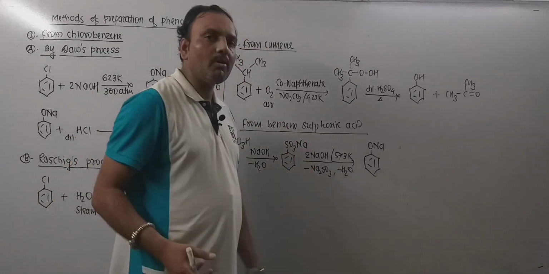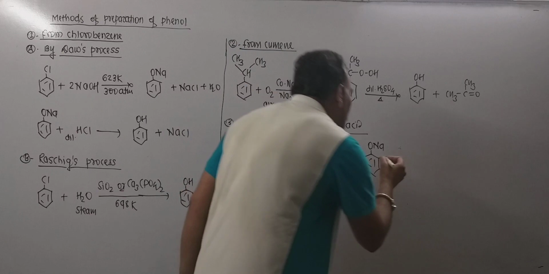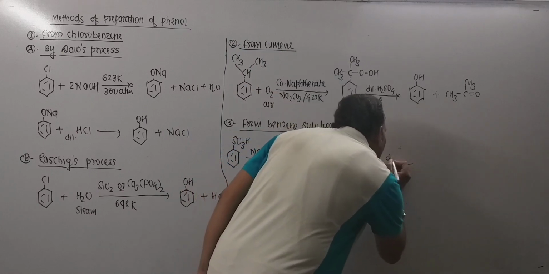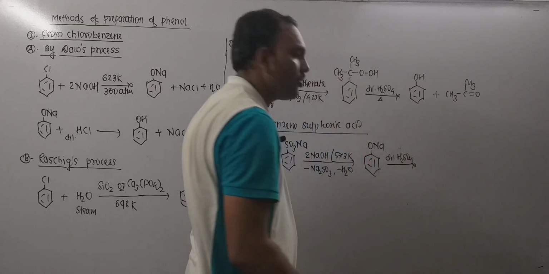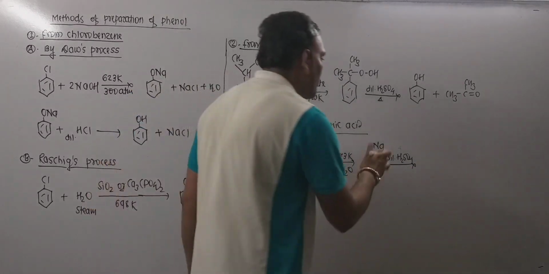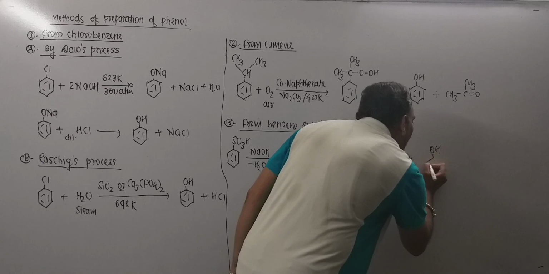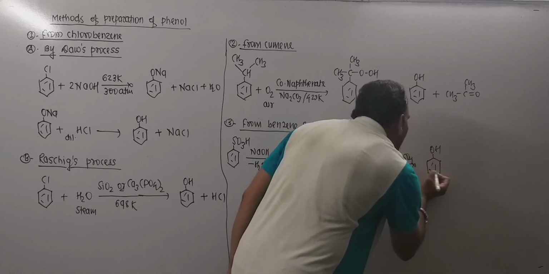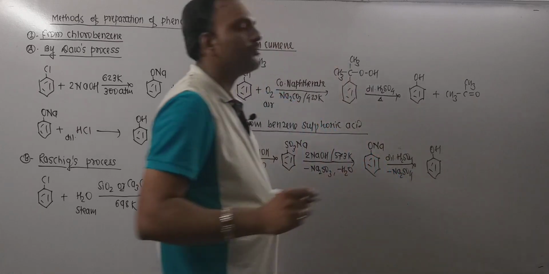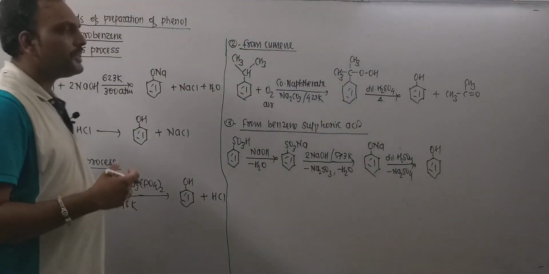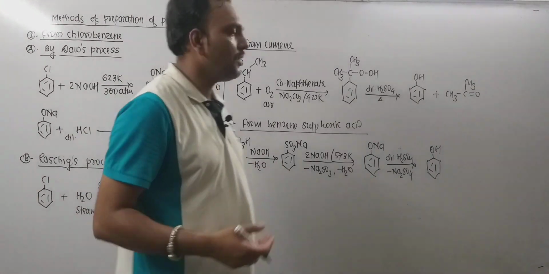The sodium phenoxide so obtained is acidified either by using HCl, or one can use H2SO4 also, in order to acidify the sodium phenoxide. Upon acidification phenol is obtained along with the side product Na2SO4. In this way benzene sulfonic acid can be converted to phenol.